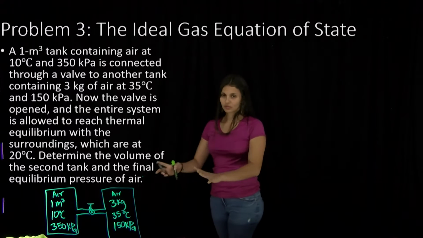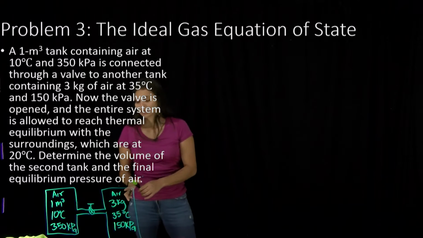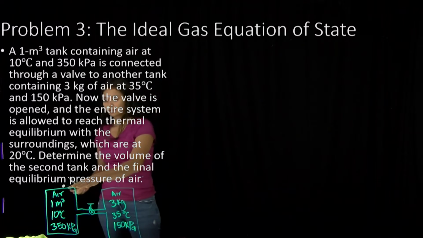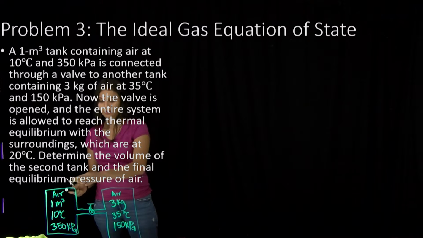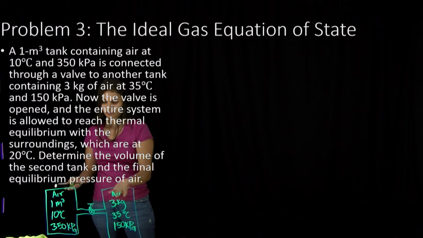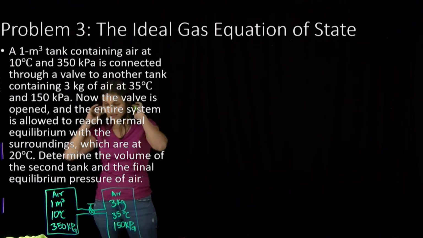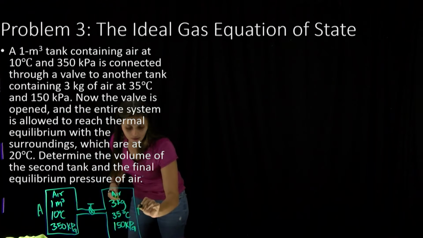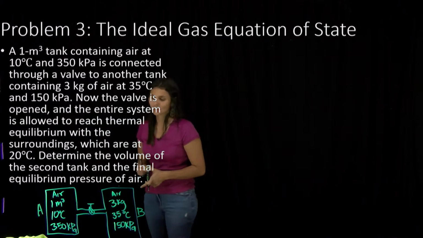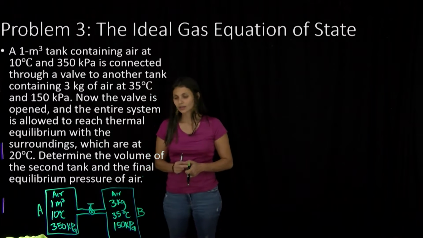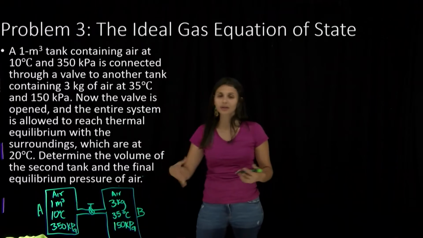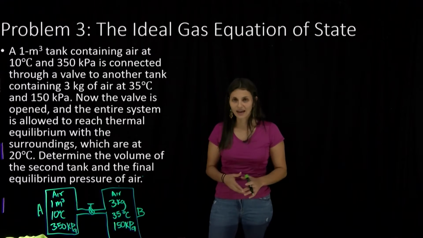Okay, so I drew the schematic here already. Basically, we have these two rigid tanks. Both contain air, with different volumes and mass of air. We're just going to call them tank A and tank B. The first assumption we have to make is that air behaves as an ideal gas.